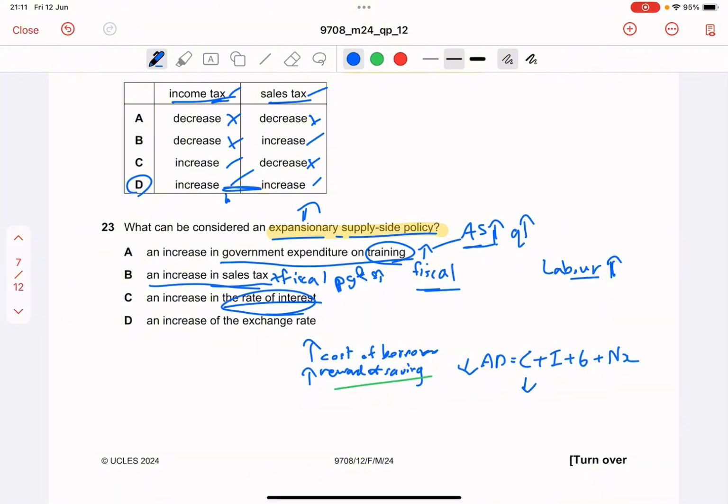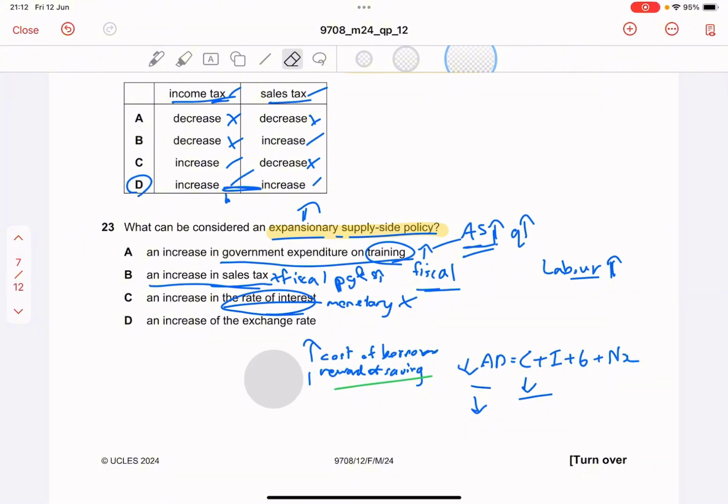So if you save more, you spend less. Same case, AD decreases, contractionary monetary policy, because interest rates are controlled by central banks. So contractionary monetary policy, does that relate to aggregate supply at all? Nope, so cross that off.